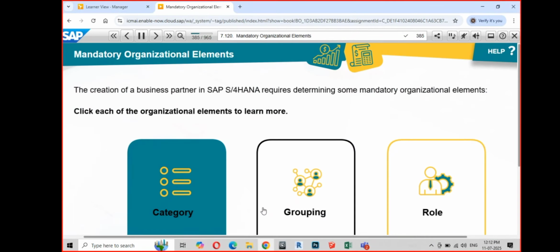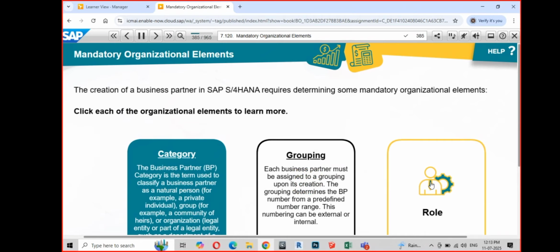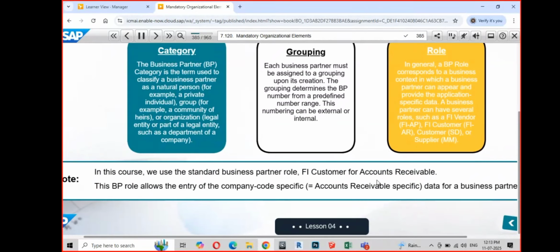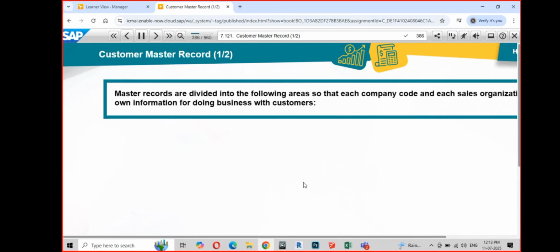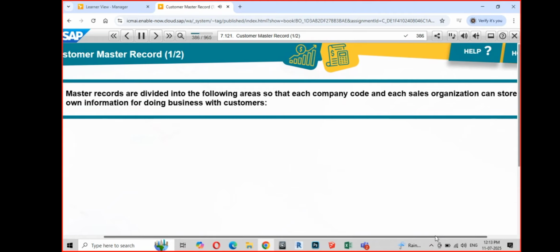If there is something else, click on each of the things to learn more. Okay. So what is a business partner? We have already seen this while we were doing our vendors. See master data, and can store its own information for doing business with customers.